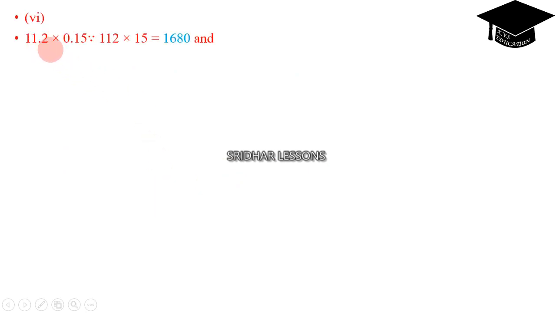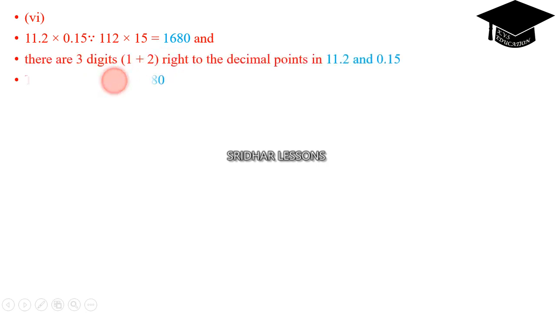Next question, 11.2 into 0.15. Once again, there are three digits. If you observe, one digit and two, three. So we can write 112 into 15 is equal to 1680, and there are three digits, so the answer is 1.680.